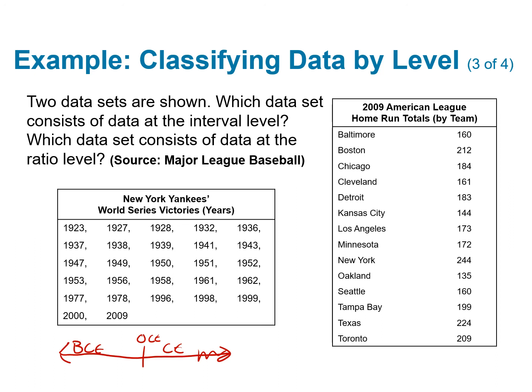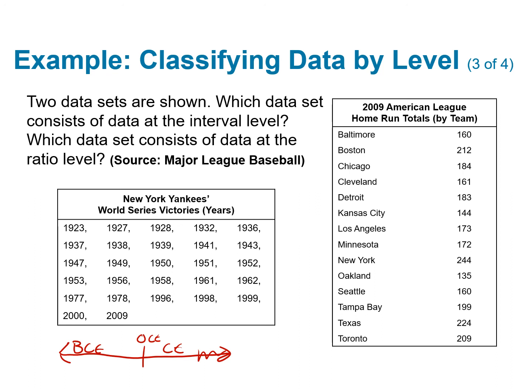But there was still years before that. So we still have all that time that was before the Common Era, what we used to call BC when we used to say BC and AD. Now we say BCE and CE. So everything that's before the Common Era is still time that's existing. So 0 CE does not mean none. It's just a point on our year scale. Now, of course, we know the Yankees haven't been around since 0 Common Era because Major League Baseball hasn't been around that long, right?